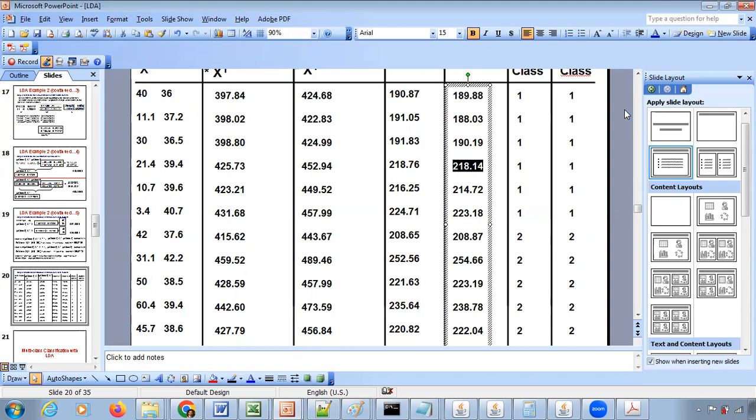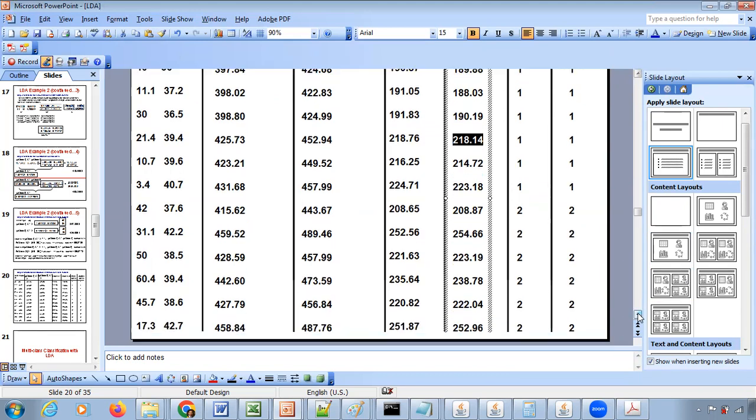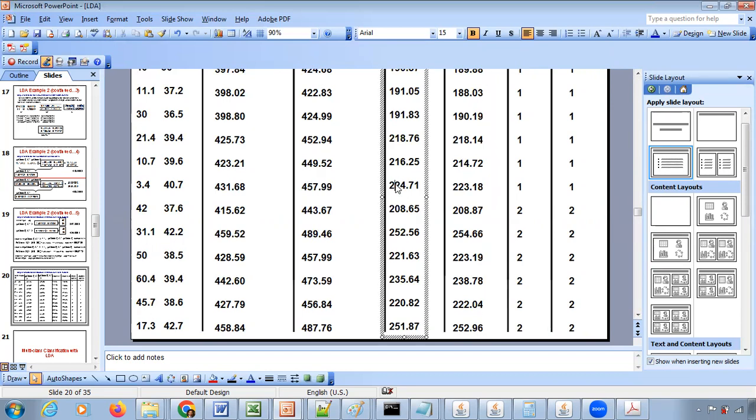And also, if you plot the largest of the F values for the two classes for each data point, I think there will be some overlap, because you see here you got a 218 and 214 and 223 or 224 as well.